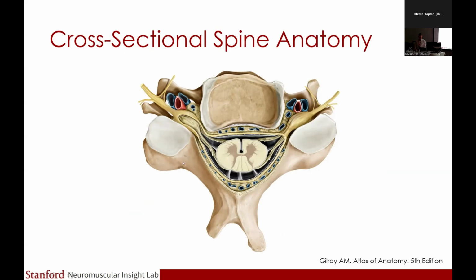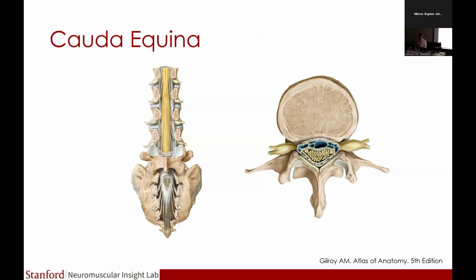And so you have, not shown here, at least shown dark, cerebrospinal fluid in the subarachnoid space. You have epidural fat that's outside of the dura mater. There's also venous structures here as well. This was the cauda equina, which I mentioned, means, I think, horse tail.